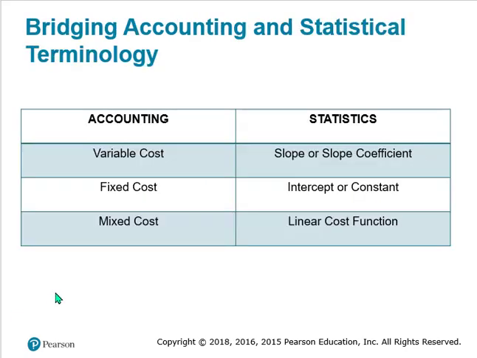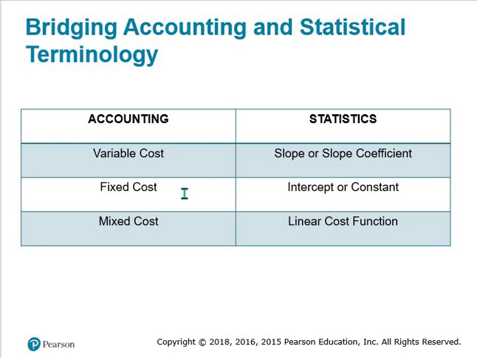In statistics, we use the same cost function, so let's review differences in terminology. The accounting variable cost is equal to the statistics slope, or the slope coefficient, the amount by which total cost changes when a 1-unit change occurs in the level of activity. All right, that would be variable cost.